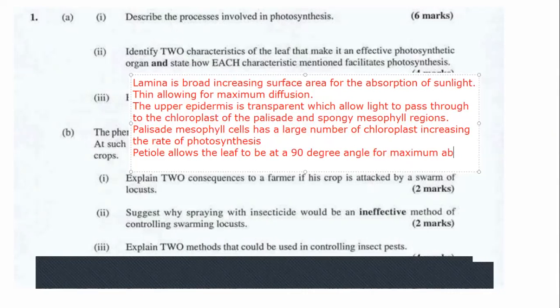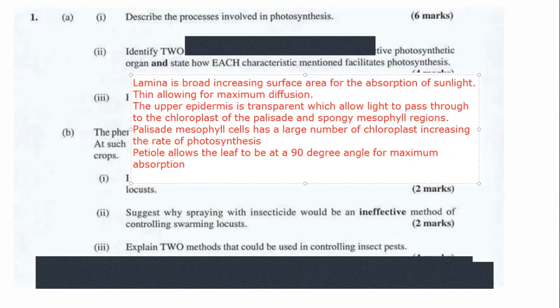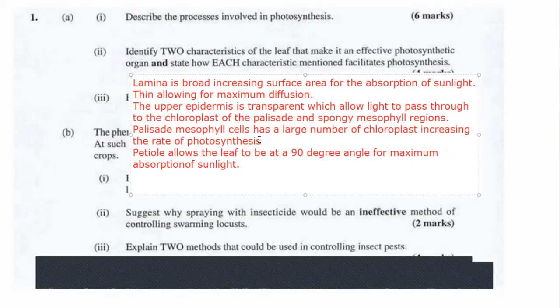Miss says the number of chloroplasts also counts. The stomata on the bottom allow for maximum absorption. In this case, we just mention the fact that they're present. So the stomata are present, which allows for what?